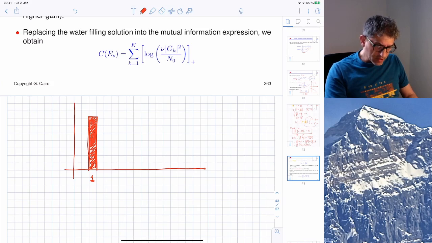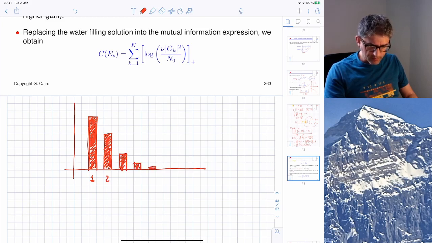Then channel 2 has the second smallest gain, so this value n0 divided by g squared is the second largest. And then we have channel 3, and then channel 4, and channel 5. Let's say we have 4 to 5 parallel channels.